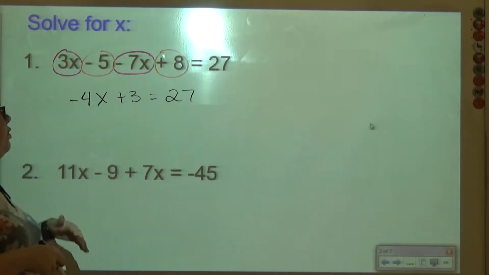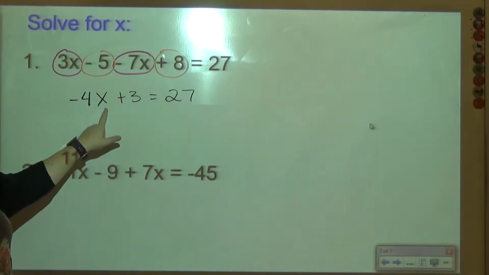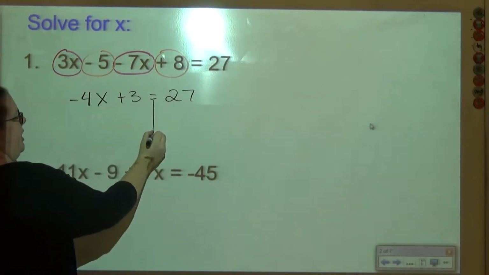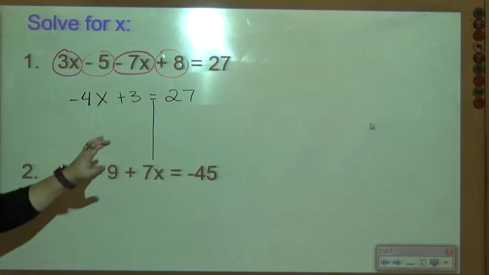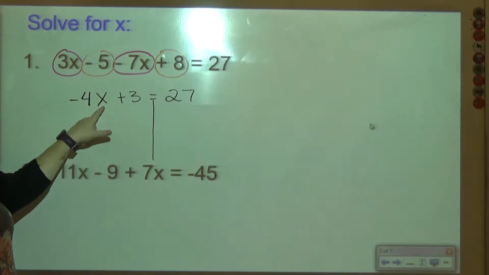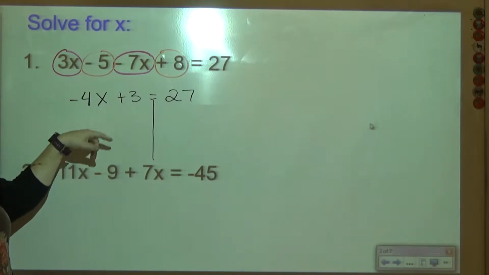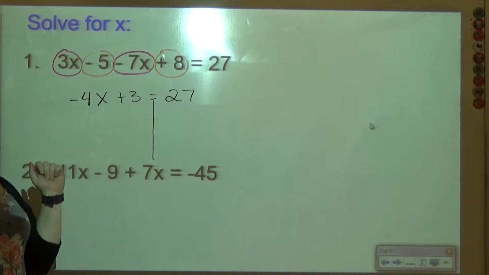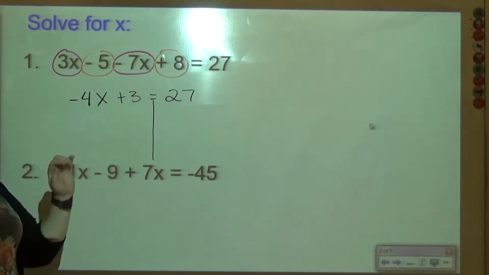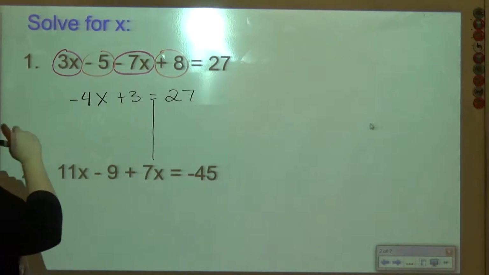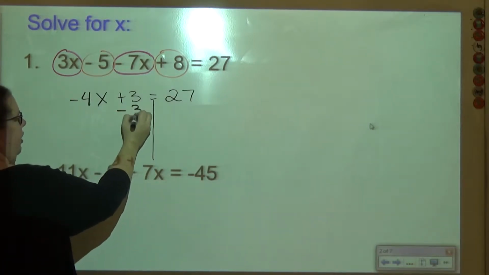Remember the whole idea with solving an equation: x wants to be alone. Looking at this side of the equal sign, what moves first, the minus 4 or the 3? For x, the minus 4 and x are attached. They're one term. They're BFFs. So their acquaintance, that other guy, is going to move first.